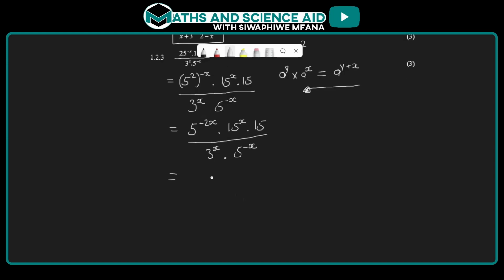And now, the first thing that you need to recognize after this step is that in the numerator here, we have an exponent which has a base of 5. And in the denominator, we also have an exponent which has a base of 5 as well. So again, we can apply the laws of exponents, okay?